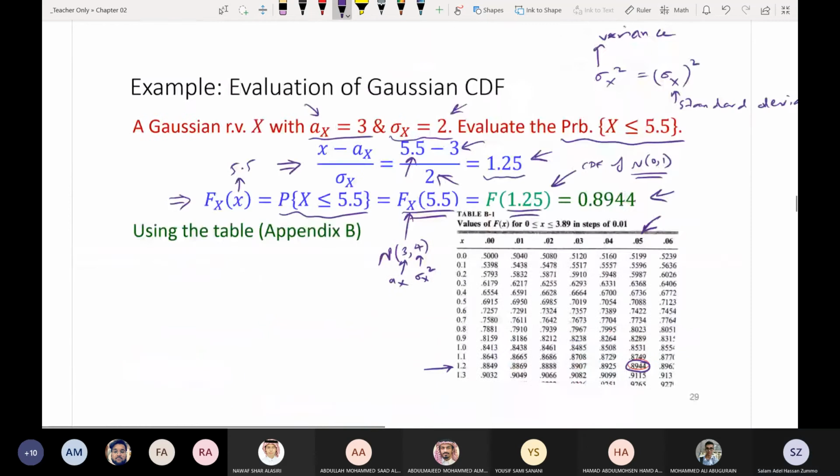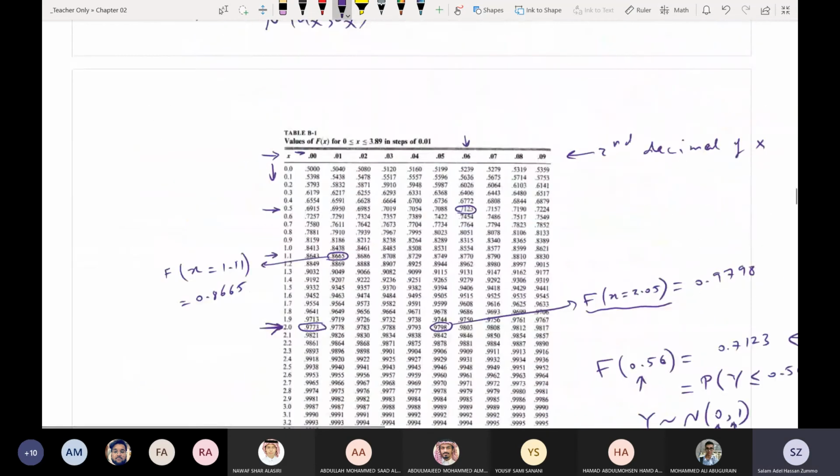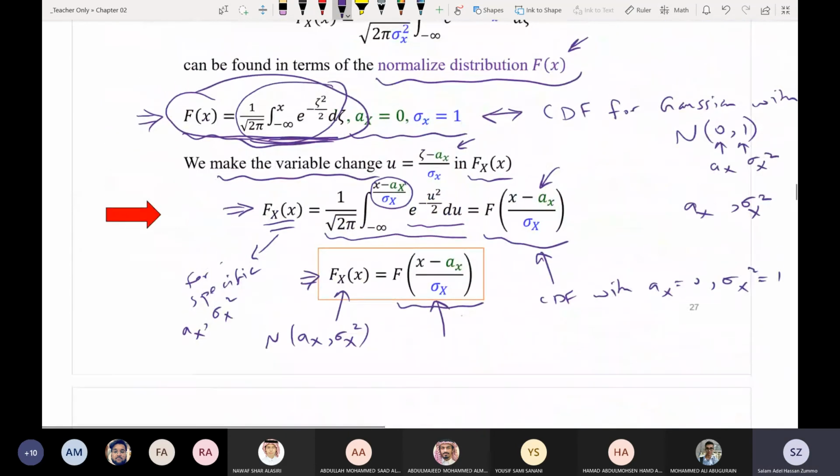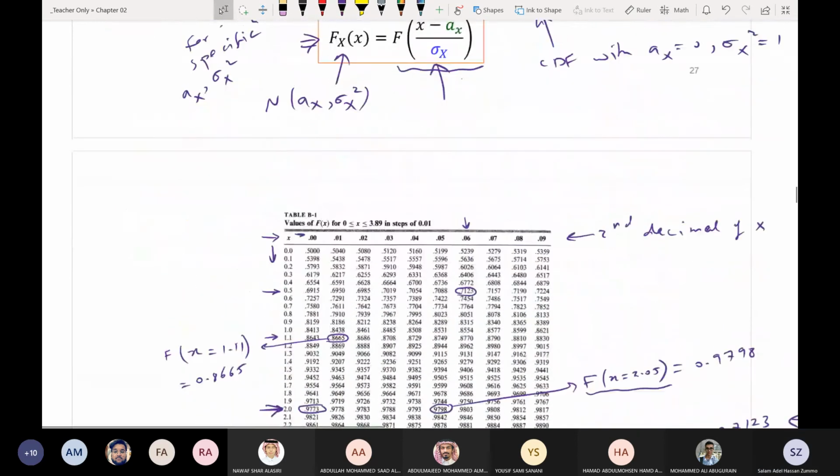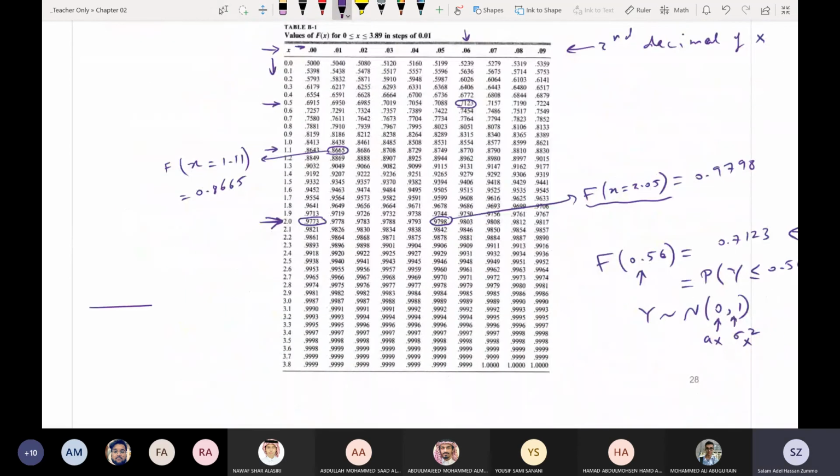Okay? The last point that I would like to make here is related to the non-biased distribution. If this is the curve of the Gaussian, let's take the standard, so this is normal with 0 and 1.